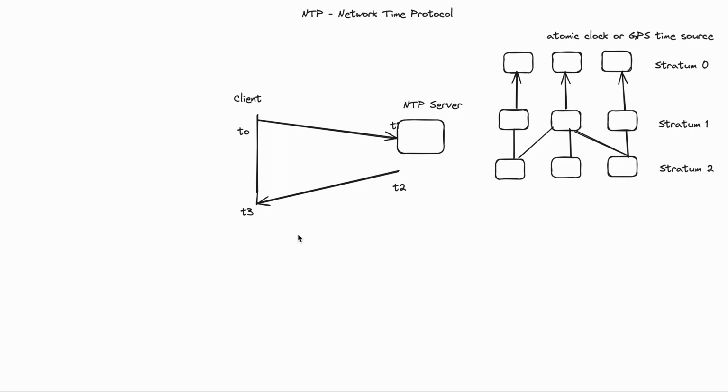Now we have four times, and we have to calculate the amount of time taken to complete the request. Then we will update the local time. Say from T0 to T1 takes 100 milliseconds, the processing at the server takes 20 milliseconds, and the client waits 50 milliseconds.